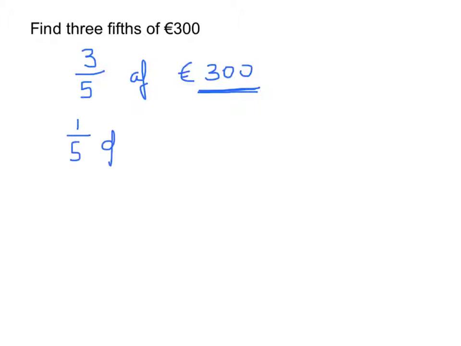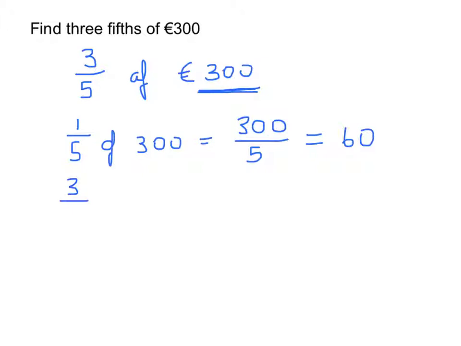Let's say I was asked the question, find 3/5 of 300 euro. Firstly, let me write it down. 3/5 is written 3 over 5, 3/5 of 300 euro. Well, if I was to find 1/5 of it, all I would have to do is take 300 and divide by 5. So 1/5 of 300 euro is equal to 300 divided by 5, which gives 60.